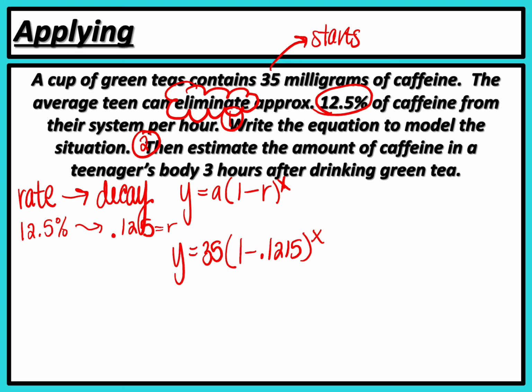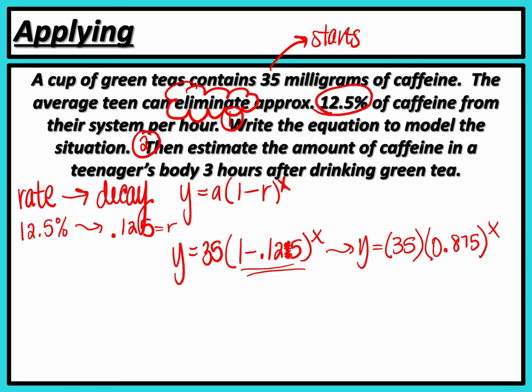Okay, and again, with rate, there's not a whole lot that you have to do here. So I'm just going to ask that you simplify your base. So we're going to make this 35 times, oh, I added an extra 1 in there. Sorry.